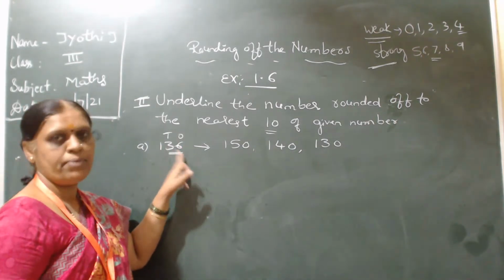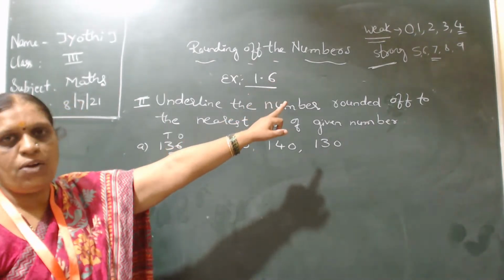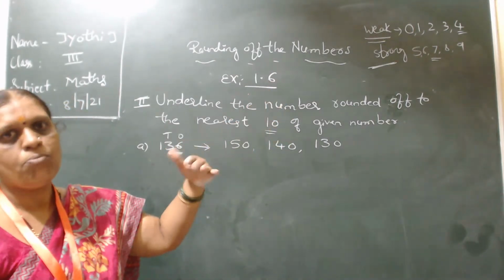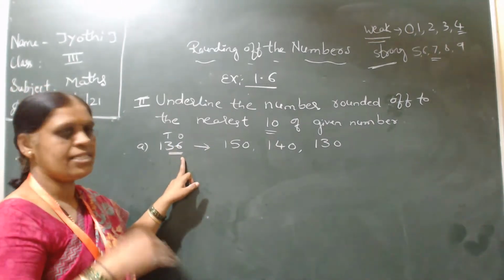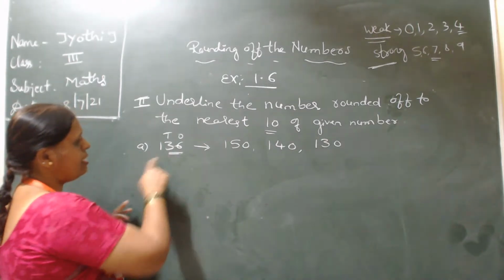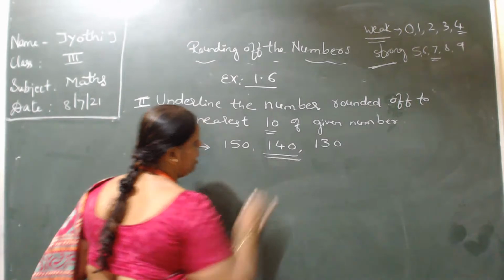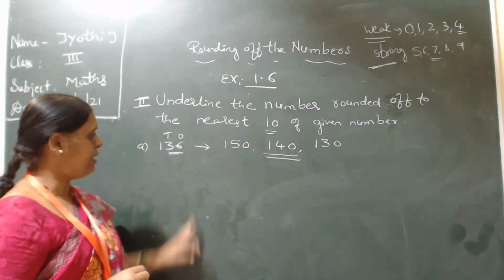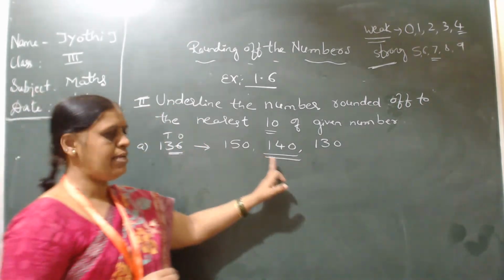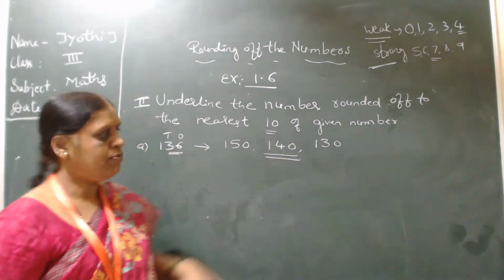We have the number 6. So is 6 strong or weak, less or more? 6 is more than 5. So it pushes this number to 40. So this number will become 140. 136 rounded to the nearest tens is 140.